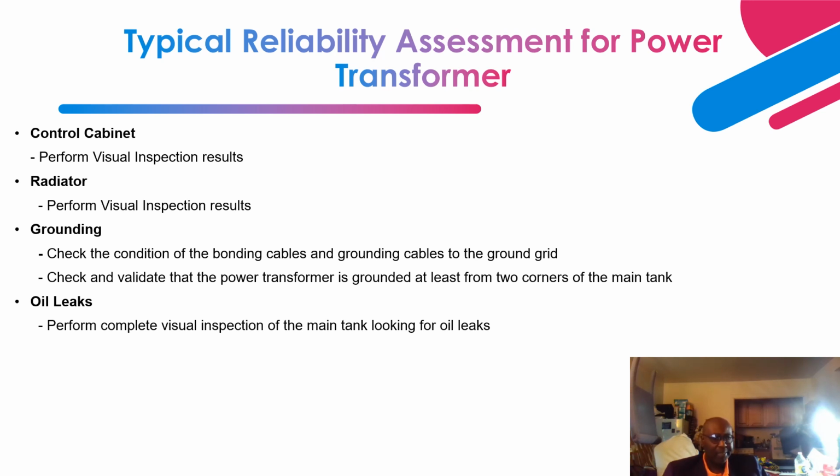Some of the major concerns with leaks is with bushings. Bushing leaks have to be taken seriously. Right? That's very important. But for the main tank, if it is a minor leak, you can manage it. But if it is a major leak, you need to pay attention to it and make a note of it.